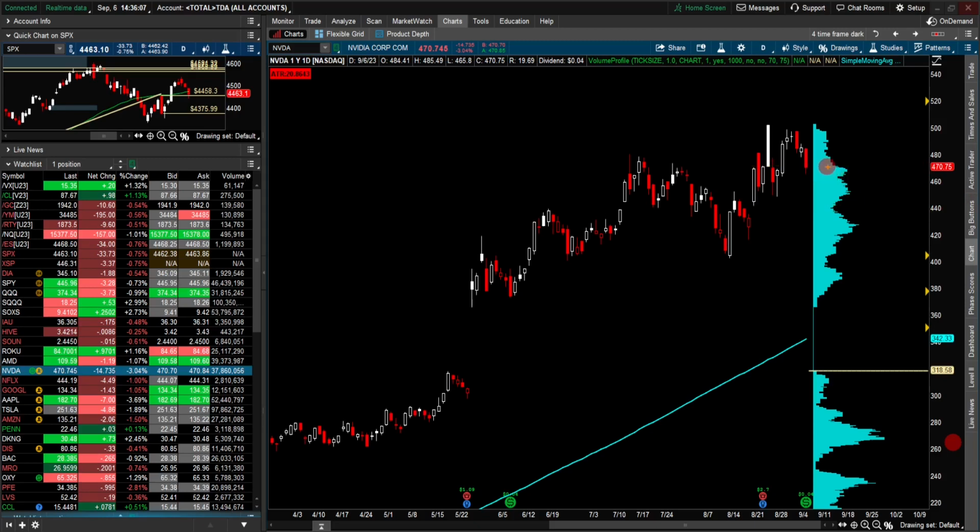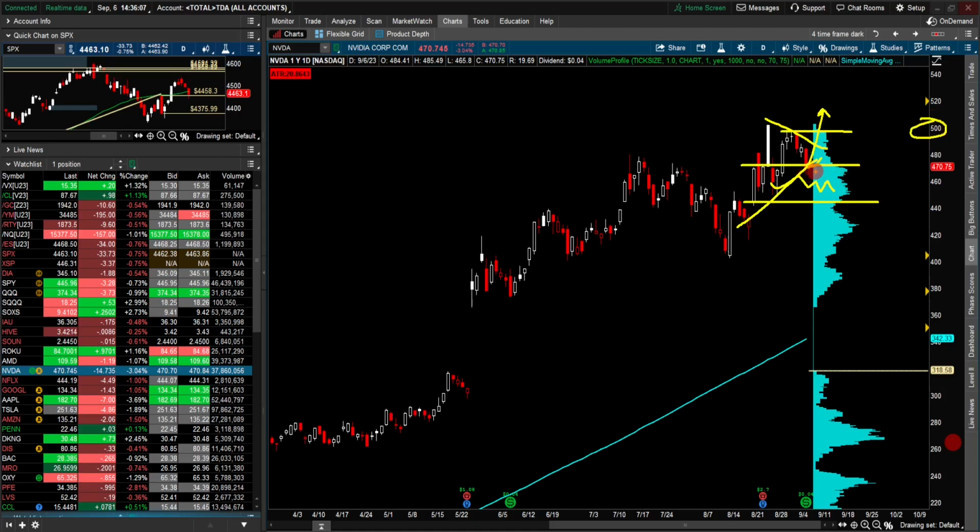Now, if the price comes back up, because this is the edge of this balance area, which I call the balance area where the price acceptance is, if we do find a bounce back up here, then that means this stock is ready to probably head back up here and possibly test this area once again near the 500 level.